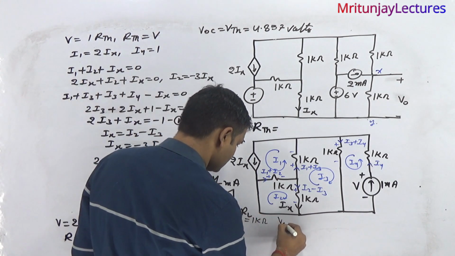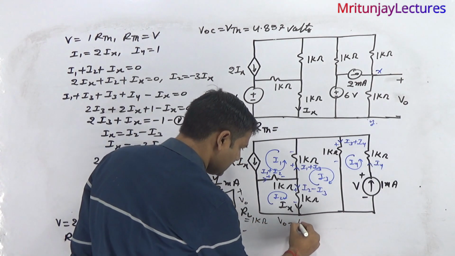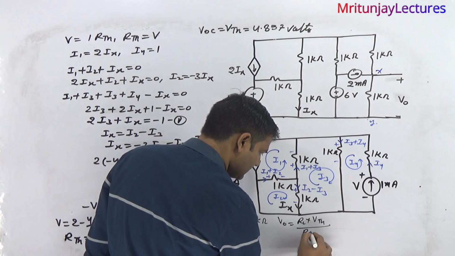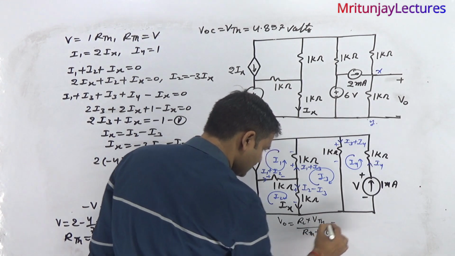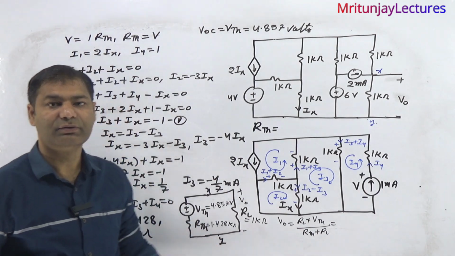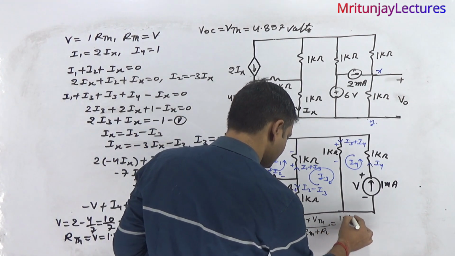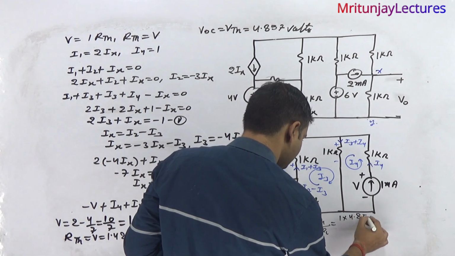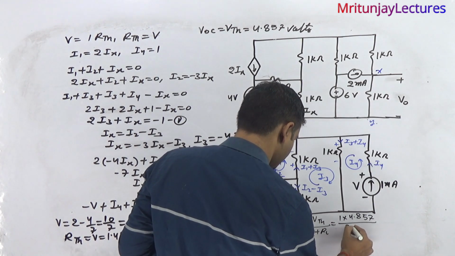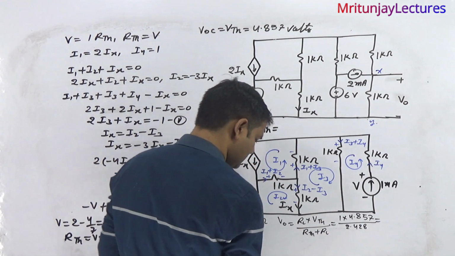So what about V0? Our motto, determine V0. So V0 is RL into VTH divided by RTH plus RL. Put this value. After putting this value, RL is 1 into 4.857 whole divided by 2.428, and we get closer to 2.